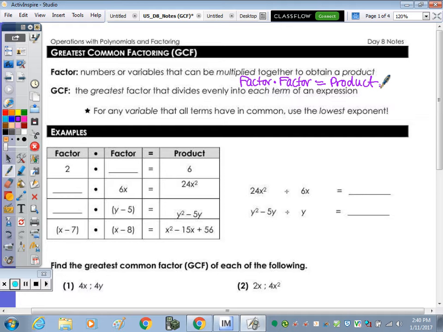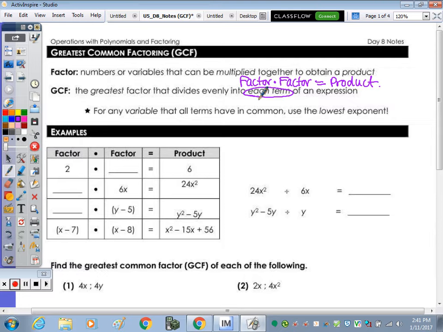If it's a GCF, a greatest common factor, then it divides evenly into each term. So if it's a trinomial, the GCF of the trinomial is a number or a variable that goes into all the terms of the trinomial. And then for any variable that all terms have in common, we use the lowest exponent.